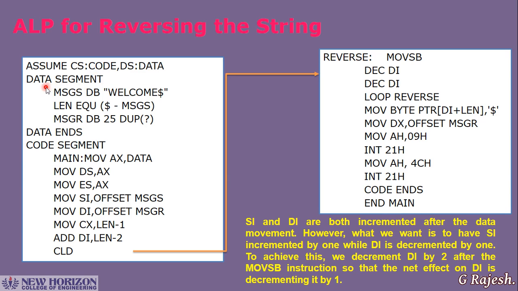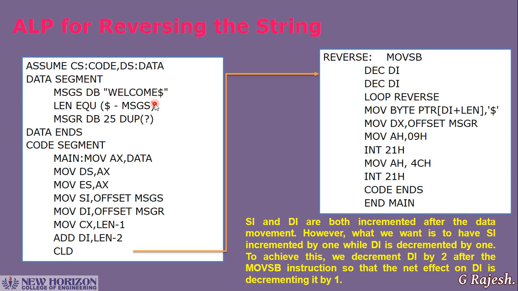Now in the data segment, we define the string welcome, and we terminate the string with a dollar sign. Next, len is a variable equal to the number of locations from the dollar sign back to the message, that is, in reverse order.